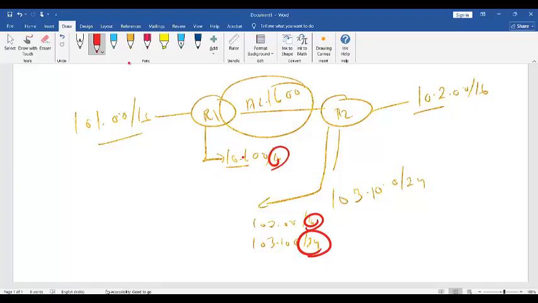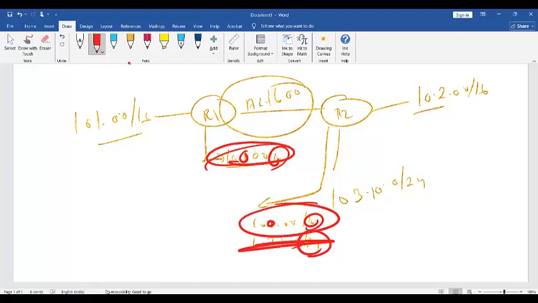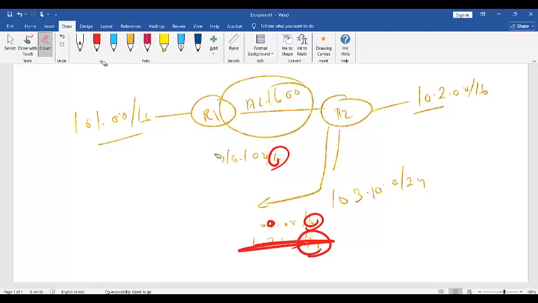They simply say, I got the 10 network, and this guy also says, I got the 10 network. So R1 will say, why should I learn what I already know? Both don't learn each other.